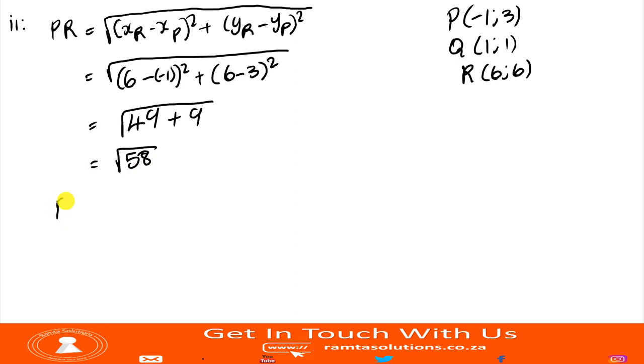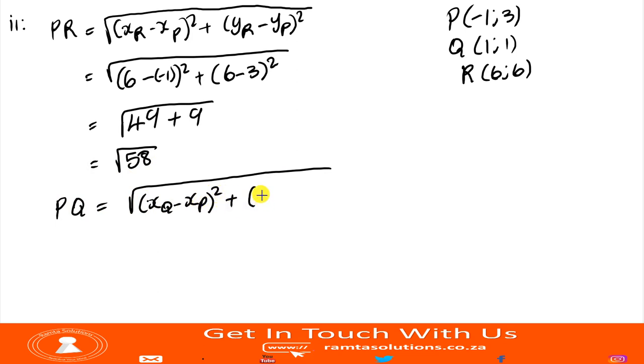So PQ, again, is the square root of (x of Q minus x of P) squared, plus (y of Q minus y of P) squared. Now, what is this? X of Q is 1, and x of P is -1.